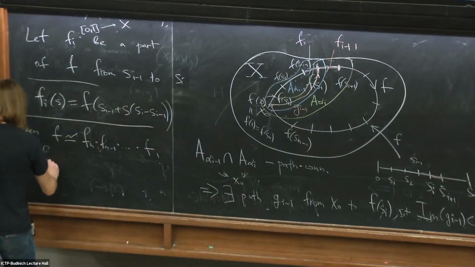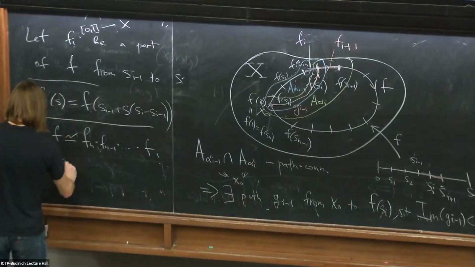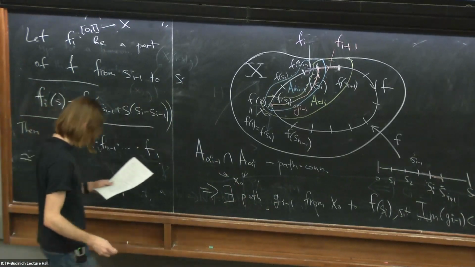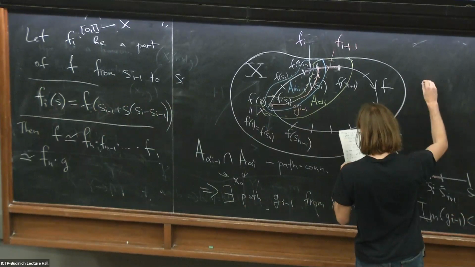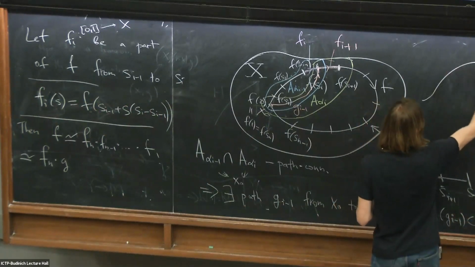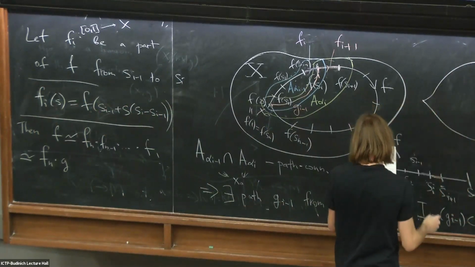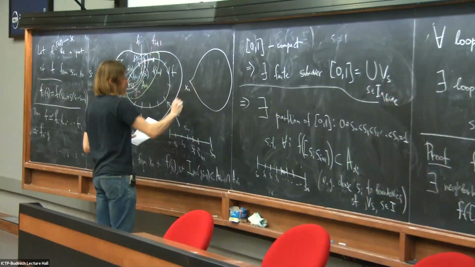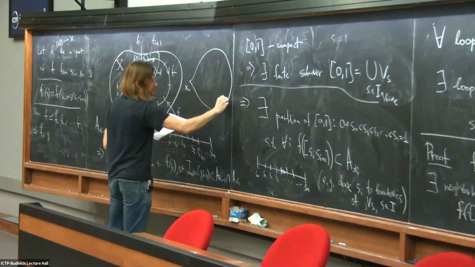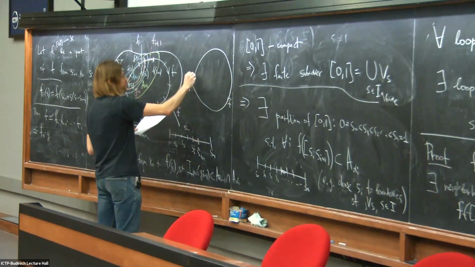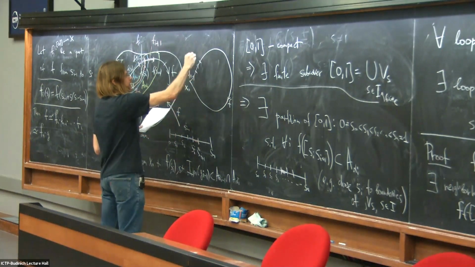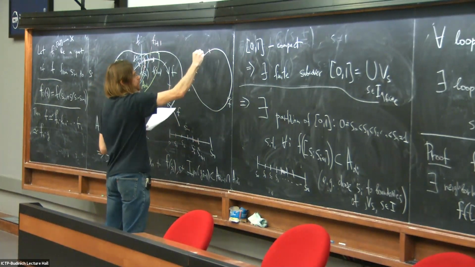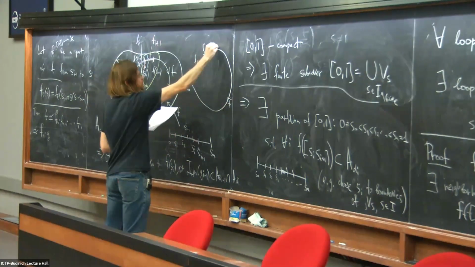Namely, to make it clear, let me draw a different version of this picture where only the relevant things are shown. So we have the base point x0, we have a path f here, and then we have piece f1 here, and then f2 here, f3 here, and so on.